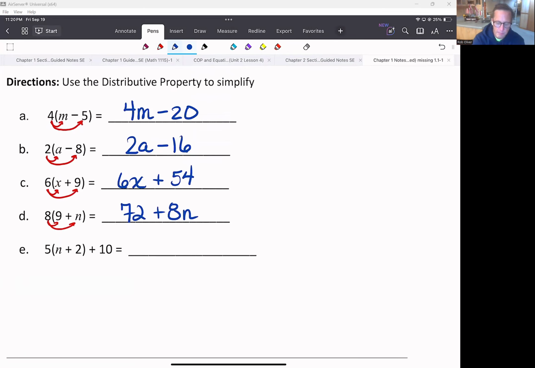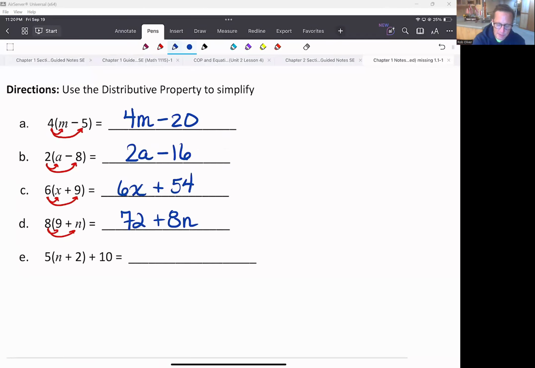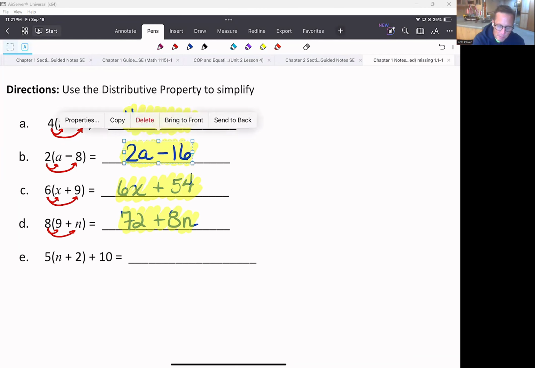All right, now keep in mind, when you're doing these, we are through. We cannot add any of this, right? 2a minus 16, you cannot subtract that. This does not make 60x or anything. This does not make 80n. That's it. You're done. Sometimes what some people say to me is it looks like another math problem, which is kind of true.